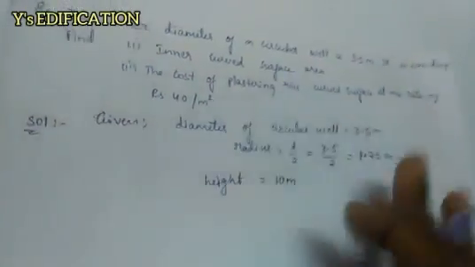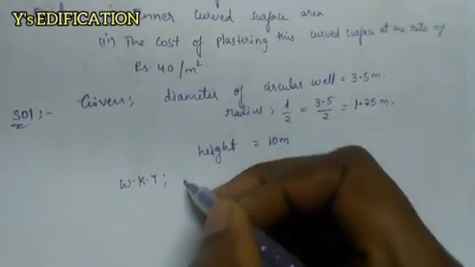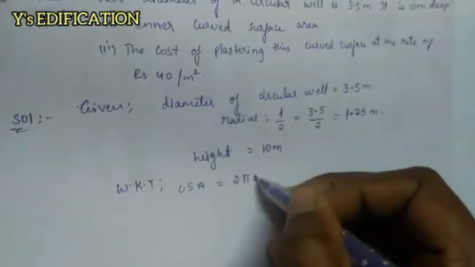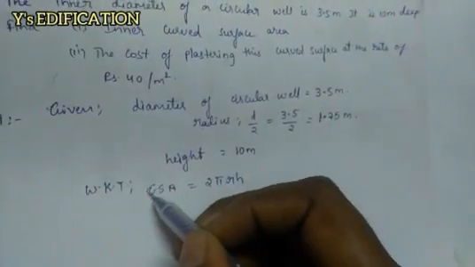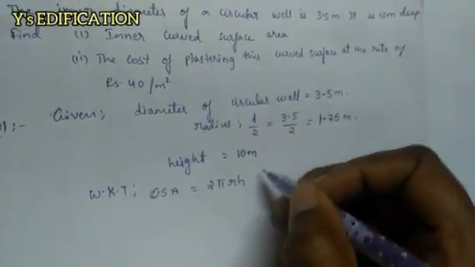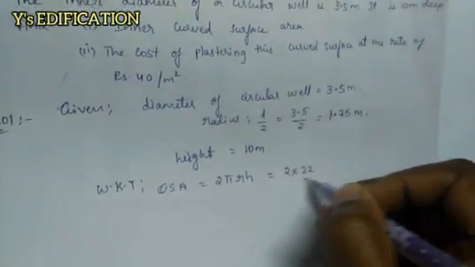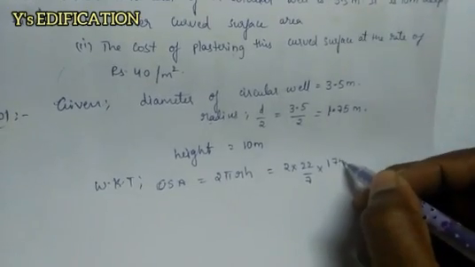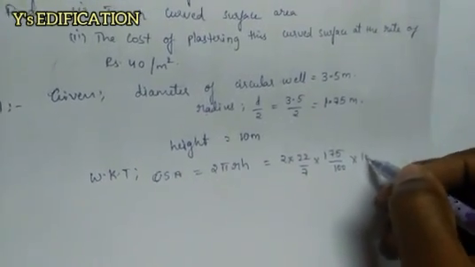What we have to find? Inner curved surface area. So already we know the formula. What is the formula of curved surface area? 2 pi RH. Okay. In the previous problem, I wrote it as TSA. It is not TSA. It is curved surface area. Once correct it while you are making the notes. Okay. So 2 into 22 by 7 into what is R here? 1.75. We can write it as 175 by 100 into what is the height here? 10.